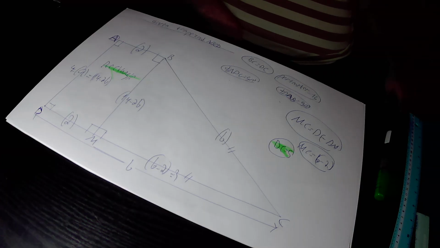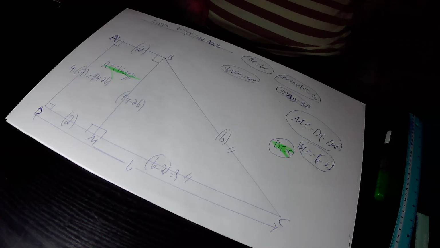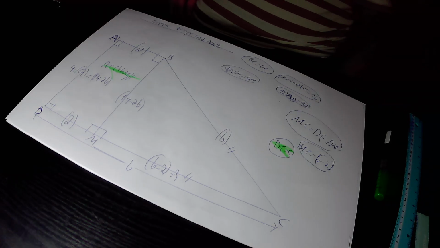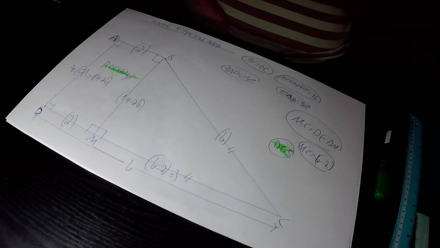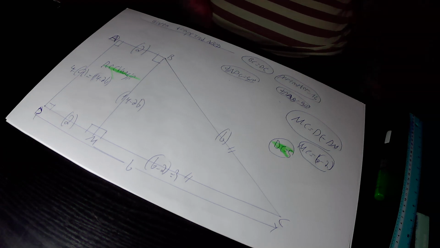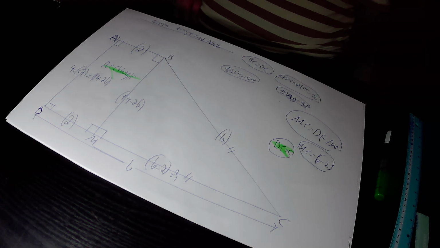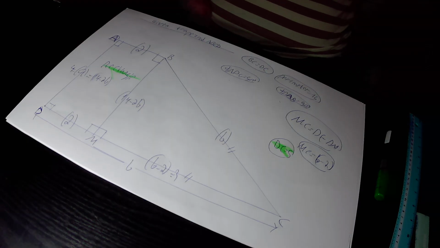What is the perimeter of a trapezoid? The perimeter of a trapezoid is the sum of the lengths of all the sides of the trapezoid.